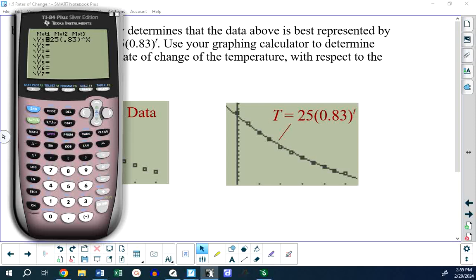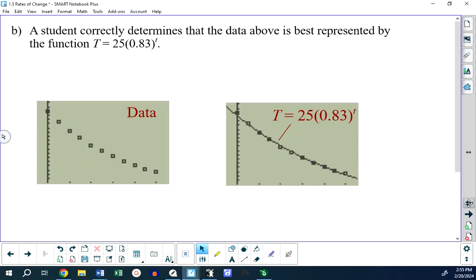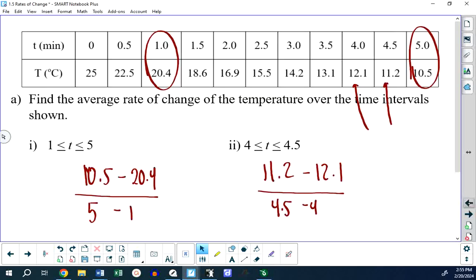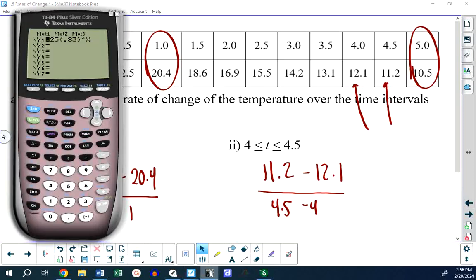Set up our axes so we see a reasonable representation of the graph. Since this graph goes from t equals 0 to 5, why don't we just do that? 0 to 5 for x. And we have to start up at 25. We have to go from 0 to 25. So in my window settings, I'll go 0 to 5.